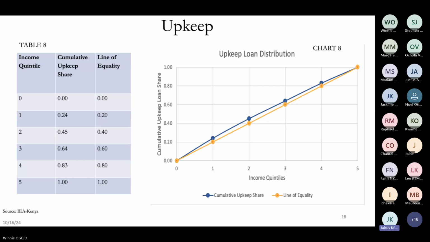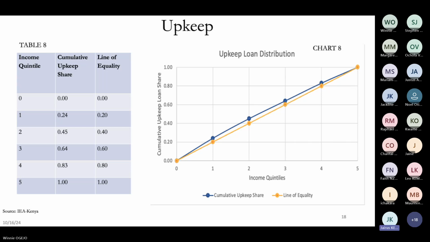Keenly looking at our table 8, you will notice on our second column that quintile 1 actually received 24% of the total share of upkeep, which is 4% higher than the equitable share of 20.